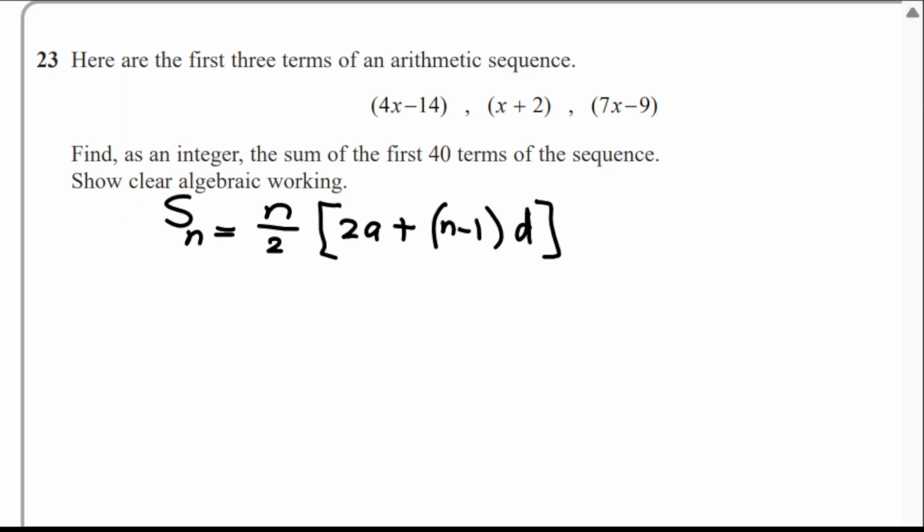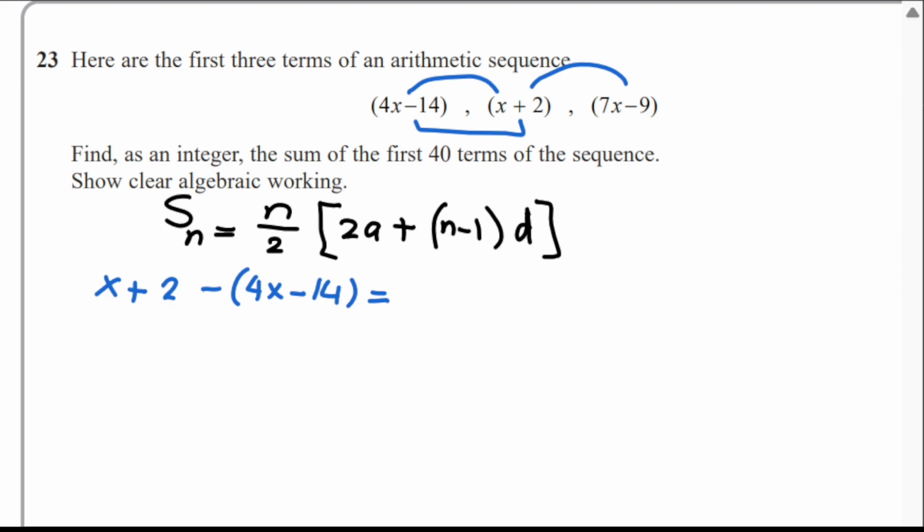If you want to try this question, it's better to start now because I'm solving it in 3, 2, 1. Alright, so how do we do this? The first thing I know is the difference between each two terms is the same, isn't it? It doesn't change. So the difference between these two is x plus 2 minus 4x minus 14.